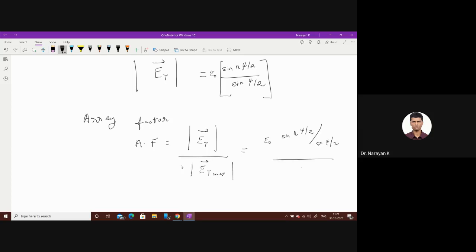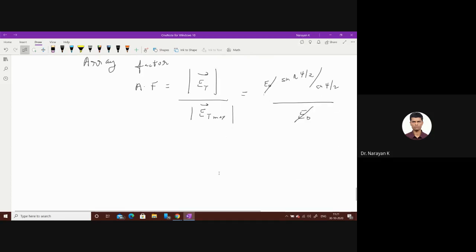E total max will be E naught, so E naught will get cancelled, and your array factor is sine of n psi by 2 divided by sine psi by 2.